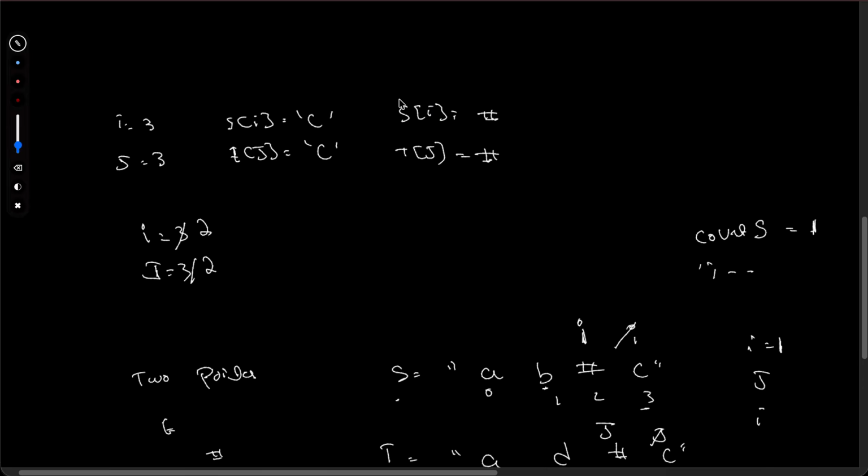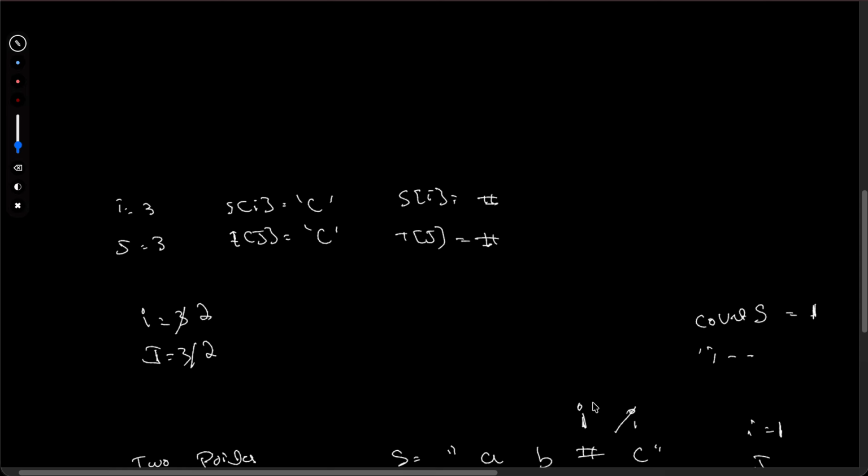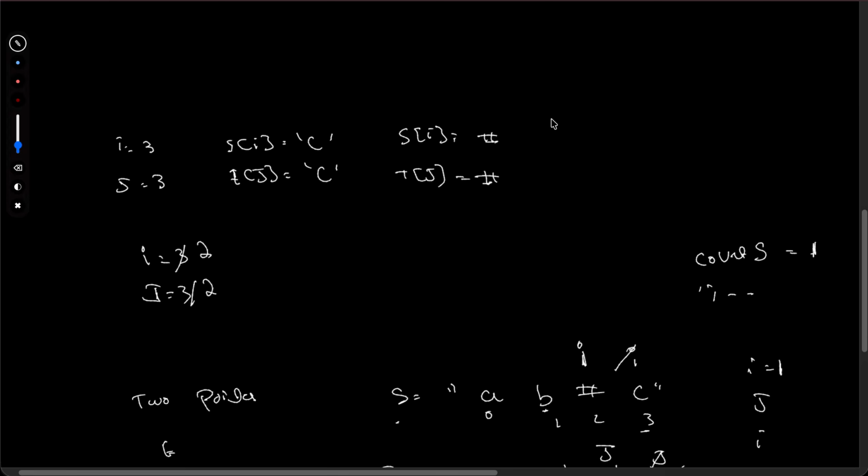S of i is b. Count of s is 1, so we skip this character, count of s minus minus, i minus minus. Next i becomes 0, s of i is a. No more skips, so the valid character is a.